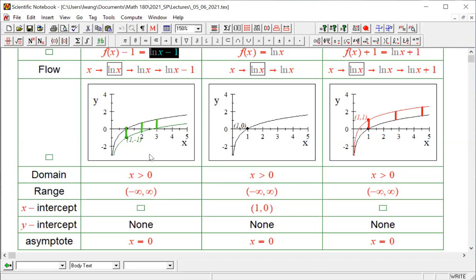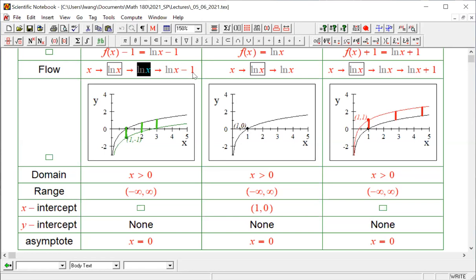ln x minus 1 is the entire curve shifted down by 1 unit. So that means that every input, its output is shifted down by 1 unit. That's subtract 1, on every possible output from ln x.